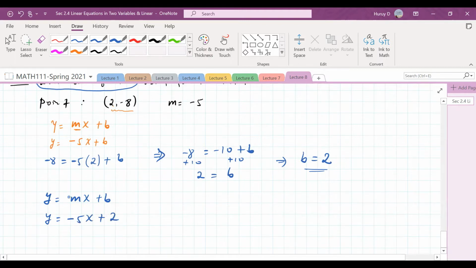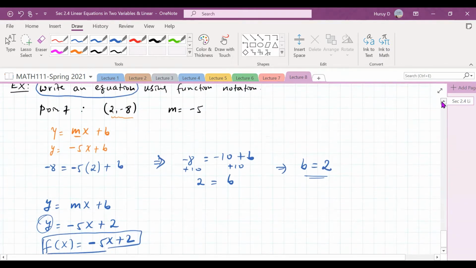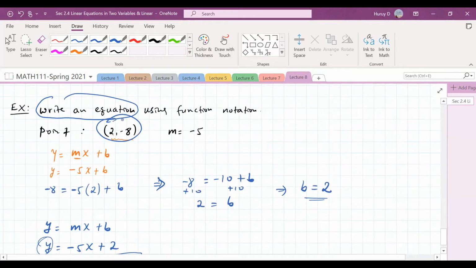But the question says we want this to be in function notation. So instead of y, here I will use f of x equals negative 5x plus 2. Therefore, this becomes the equation of the line which passes through this point and has a slope equal to negative 5.